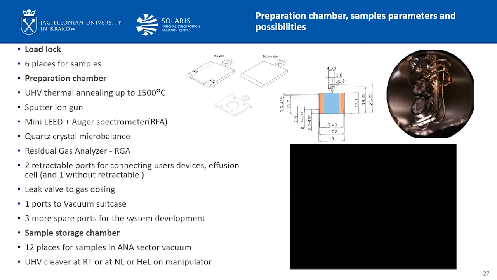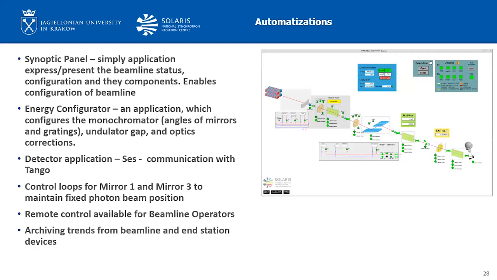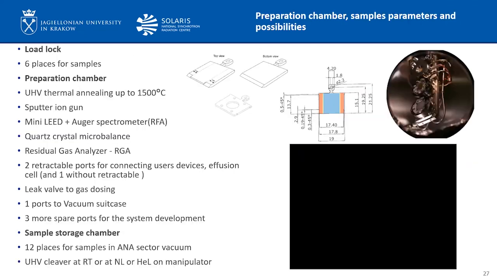And next, the preparation chamber and possibilities of sample preparation. The system can be simultaneously loaded with 6 samples by the load lock. We require Flag or Omicron holders with slightly adjusted parameters.